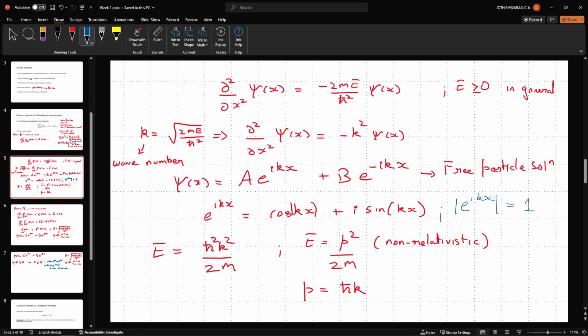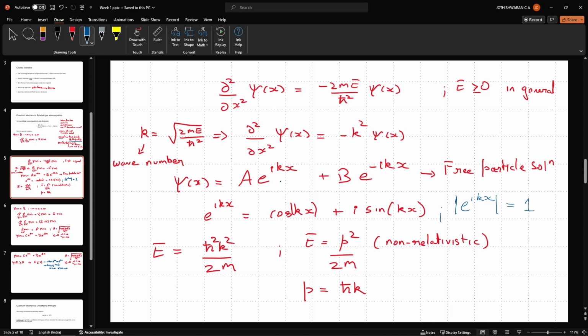As long as k and x are real, e to the power ikx is going to be a phase factor. So people who are familiar with alternating current circuits or the theory of complex numbers will know that this is a unit complex number. It lies on the unit circle in the complex plane.